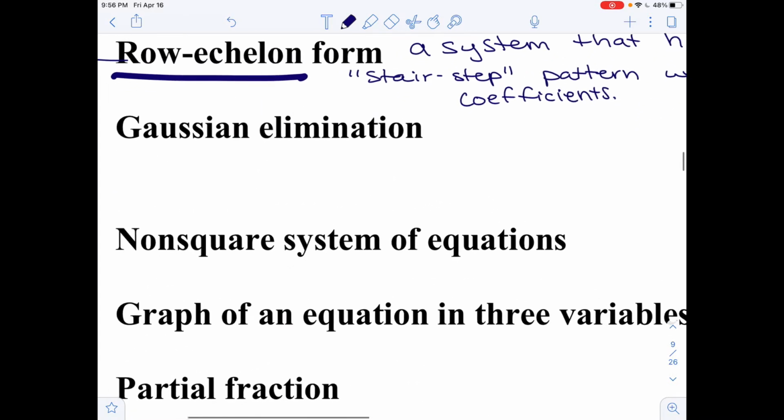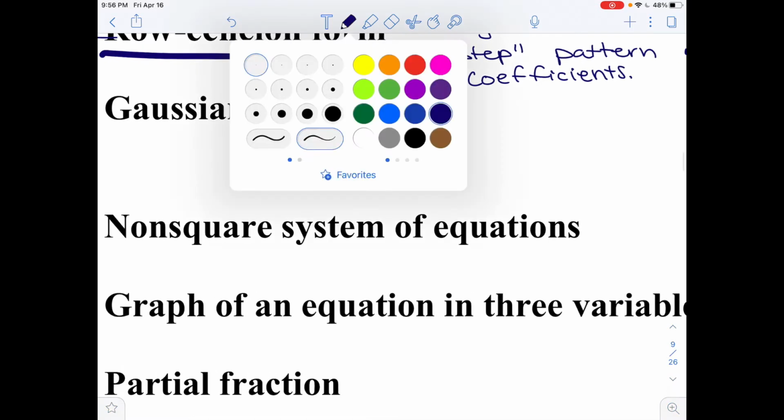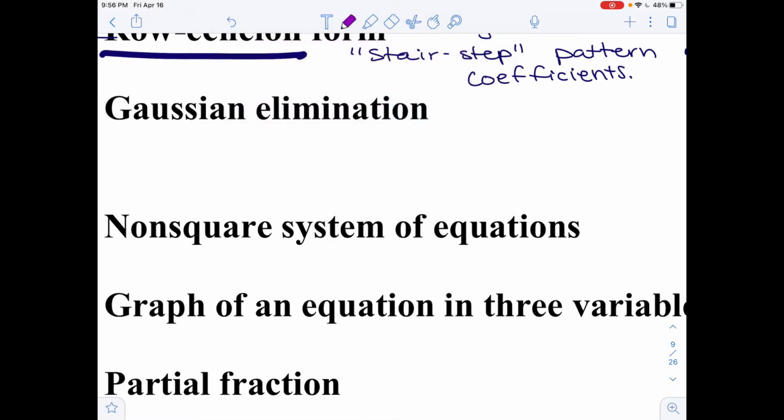All right, let's talk about Gaussian elimination. And you're probably thinking, whoa, Mrs. Alzarullo, what is happening? Here is what Gaussian elimination is. Remember how we learned elimination last section?